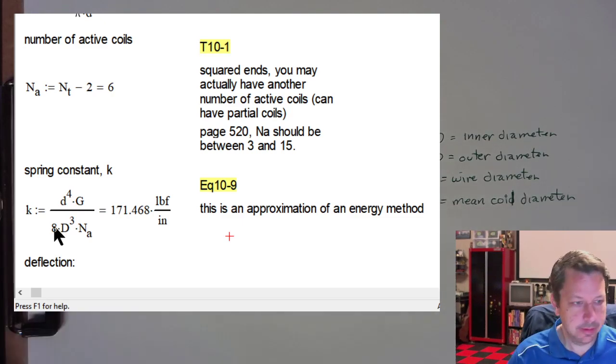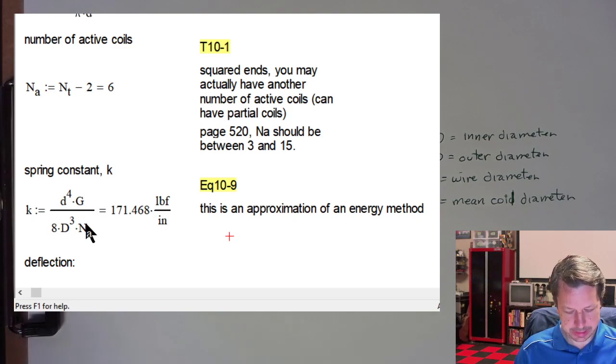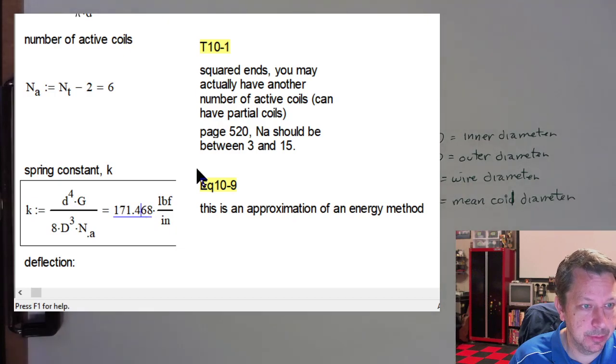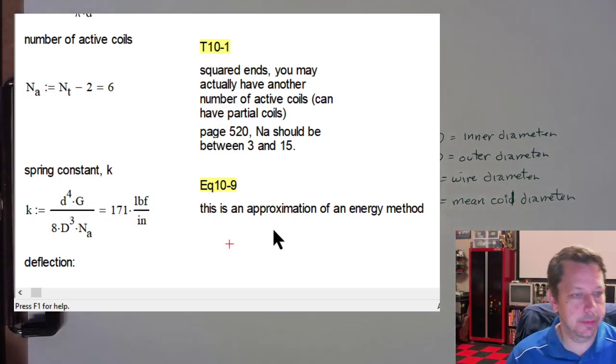So this is technically an approximation or a simplification of that. You get close enough doing this, but there is a more exact way if you really had to. Now, maybe it doesn't look like an approximation with all these decimal points. Let's get rid of some of those. There we go. Now it looks like an approximation.